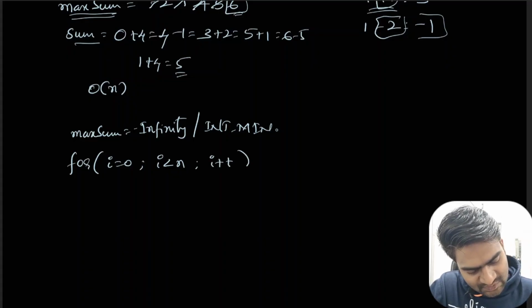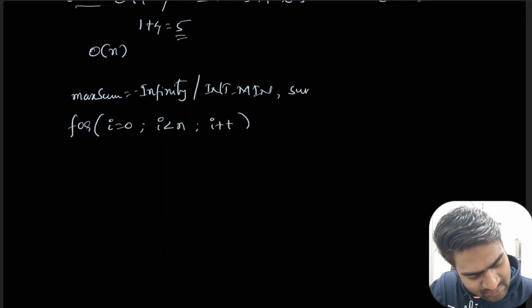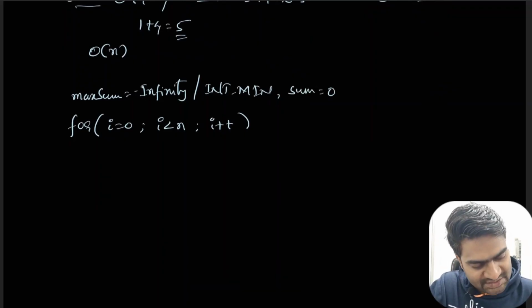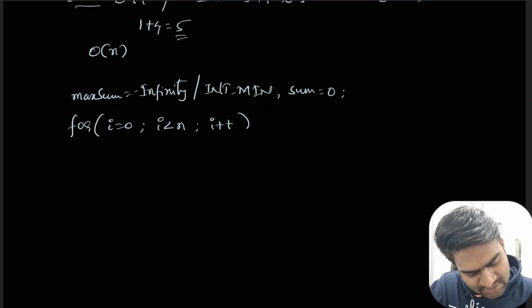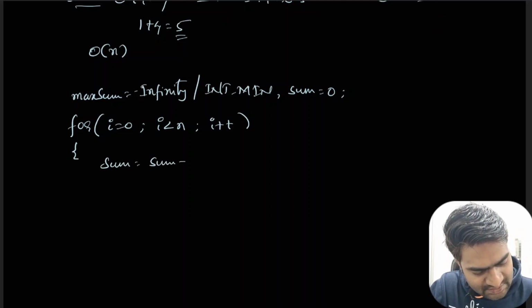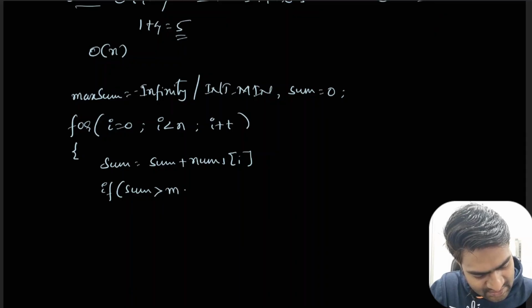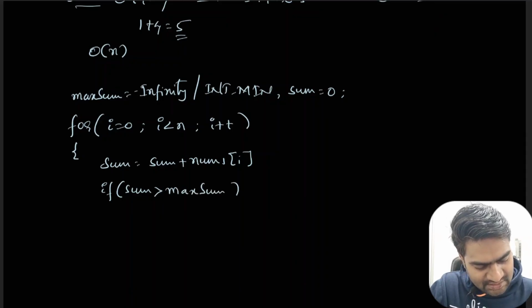I will also take another variable sum. I'll assign it with 0 initially. Now inside, I will simply say sum equal to sum plus nums of i. After this, I will check if sum is greater than max sum, then our max sum will be updated with sum.